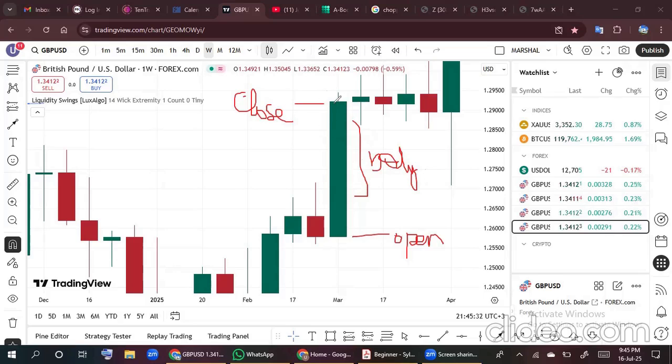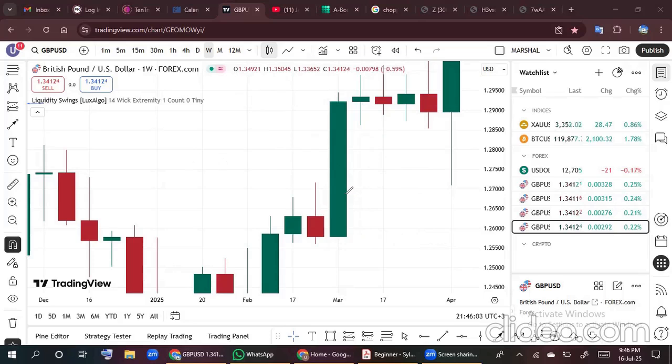The candle closes here to open another candle, and on and on like that. It opens here, closes here, and this is the body, this is the wick. So this is how candles form on the chart: they open, they close, high point, low point, the body.